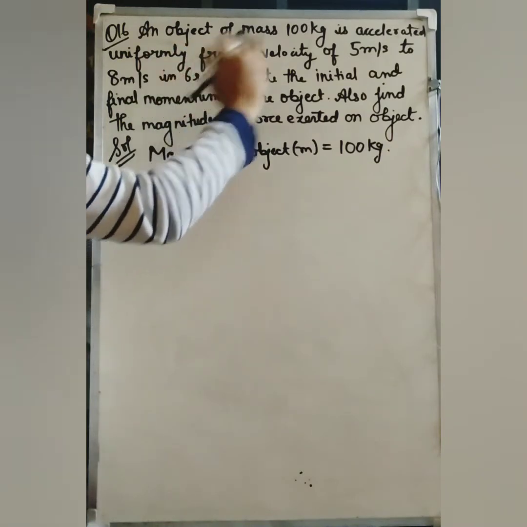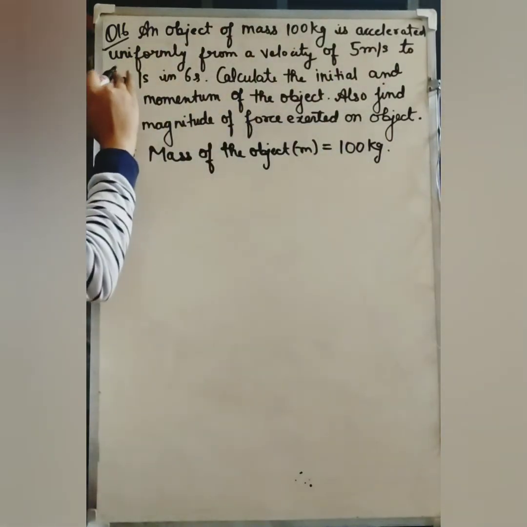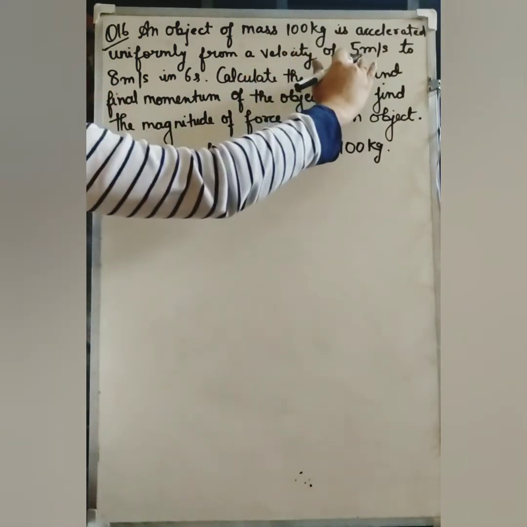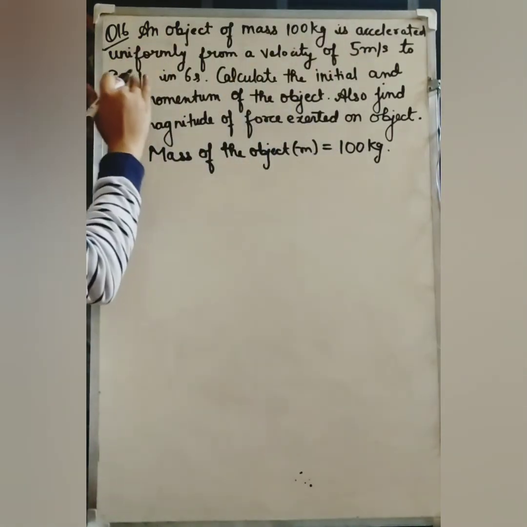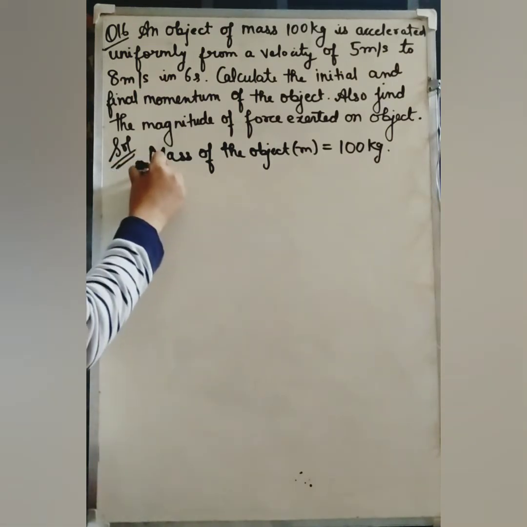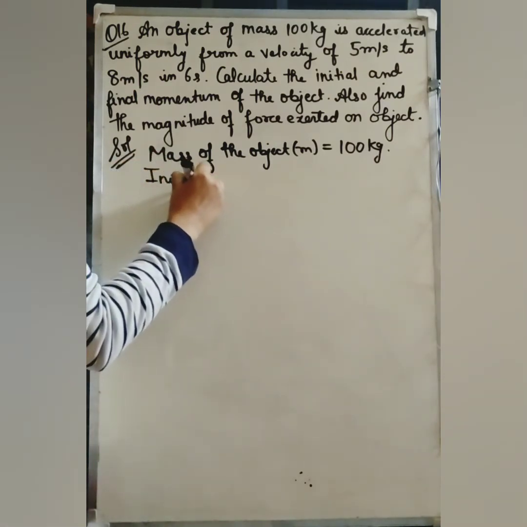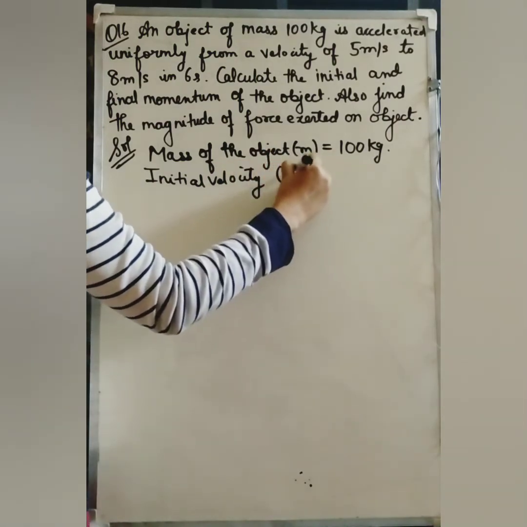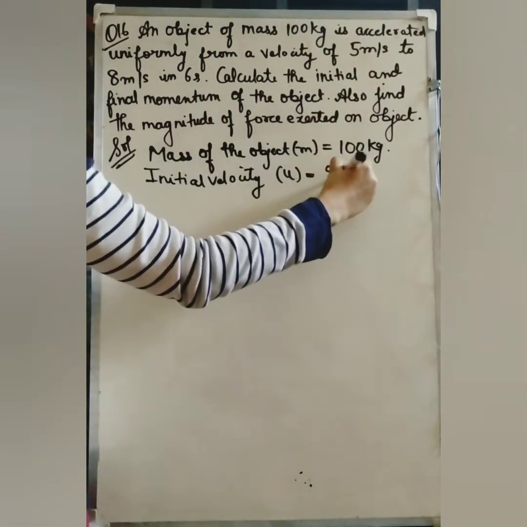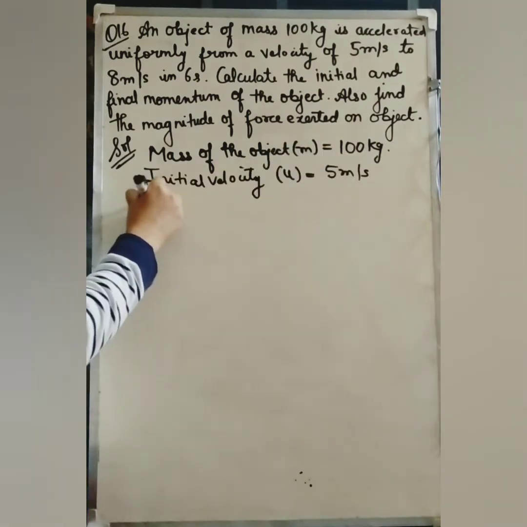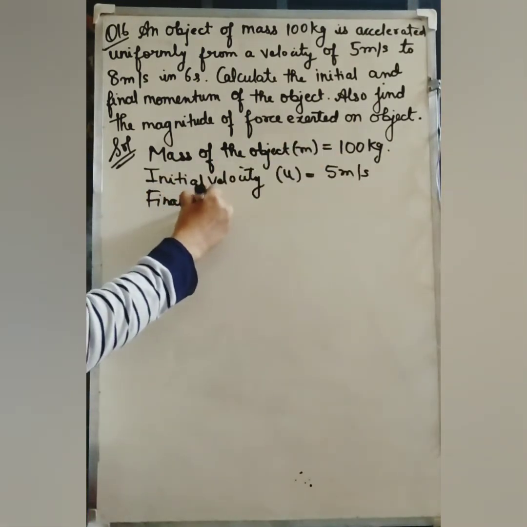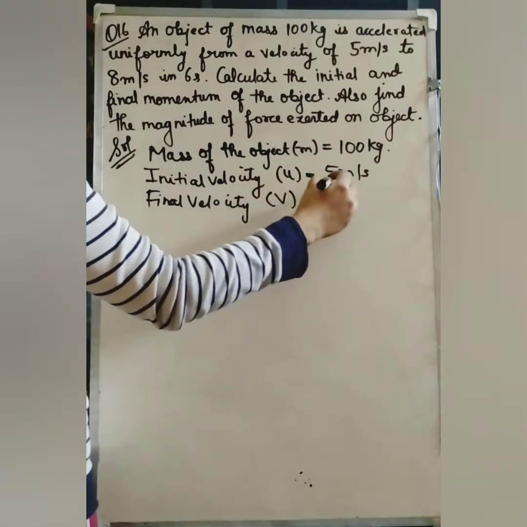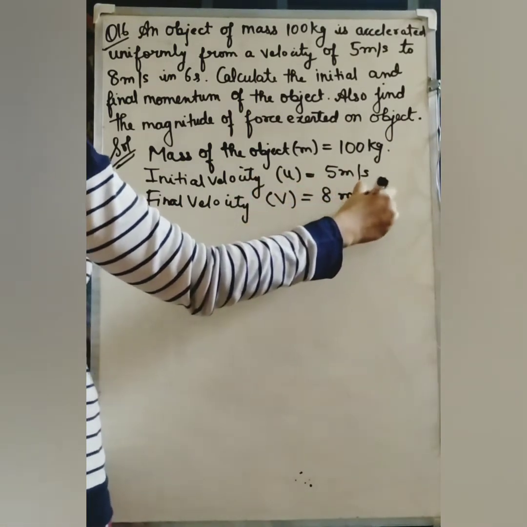And it is accelerated from 5 meter per second to 8 meter per second. It means its speed is increasing from 5 meter per second to 8 meter per second. So initial velocity, that is represented by u, is 5 meter per second, and final velocity is represented by v, that is 8 meter per second.